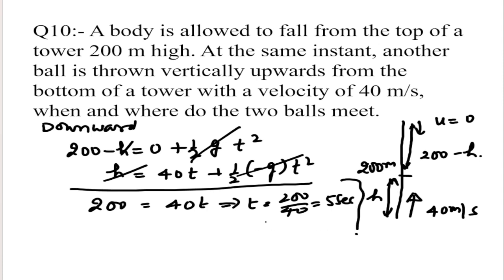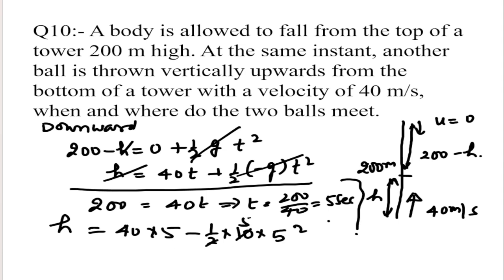Now where do they meet? Now we put this value of time in the second equation. Then h equal to 40 into 5 minus half, now we take g equal to 10 and time equal to 5 square. So 2 fives are 10, and this comes to 200 minus 5 fives are 25, 25 fives are 125.